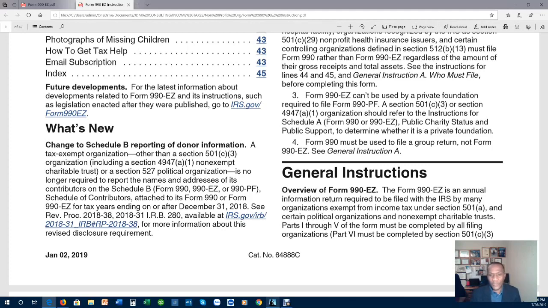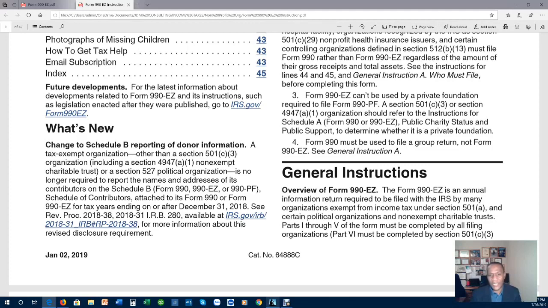Schedule of contributors attached to its Form 990 or Form 990 EZ for tax years ending on or after December 31, 2018. Per se, for anything after that, 2019.